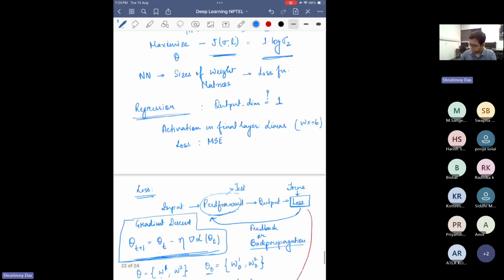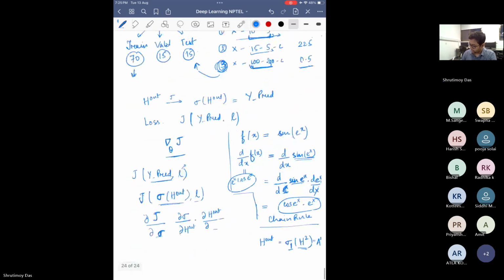So this is basically H out depends on A1. Now we go to A1. So A1 is sigma 1 of H2. So A1 depends on H2, right?